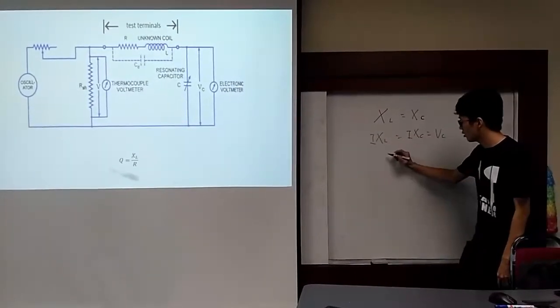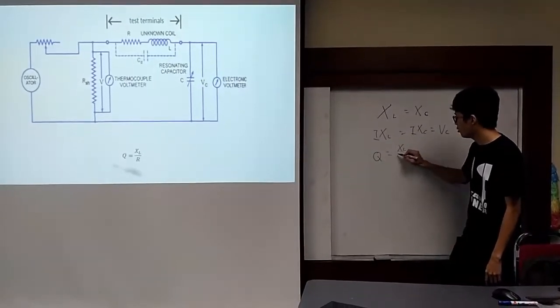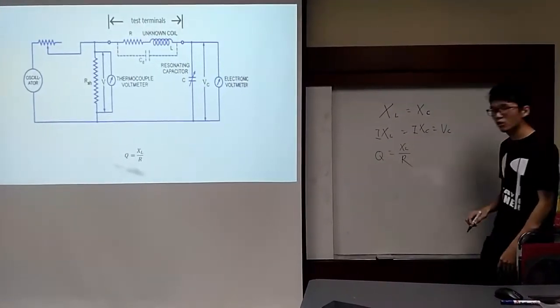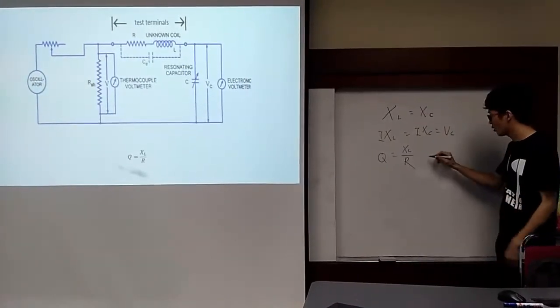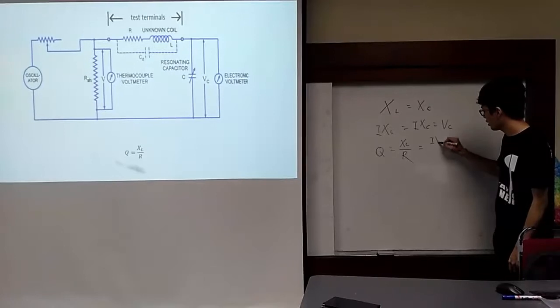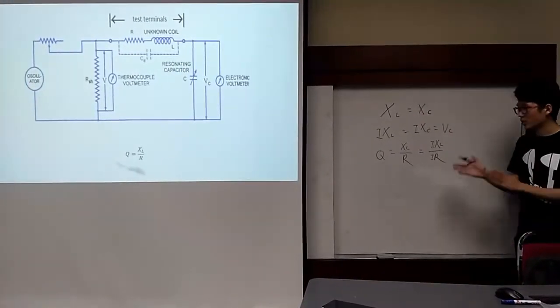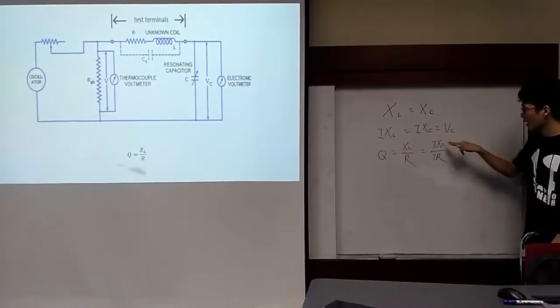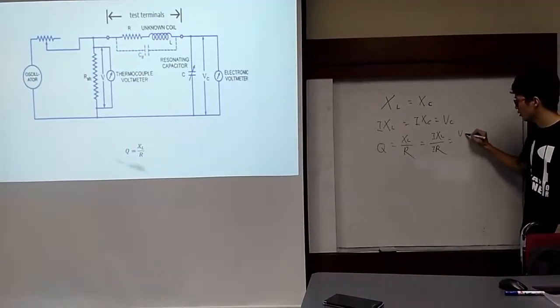Next, as we know, the Q factor is equal to XL over R. Now we multiply both sides by I. It will equal I XL over I R. As I mentioned just now, I XL is equal to VC.